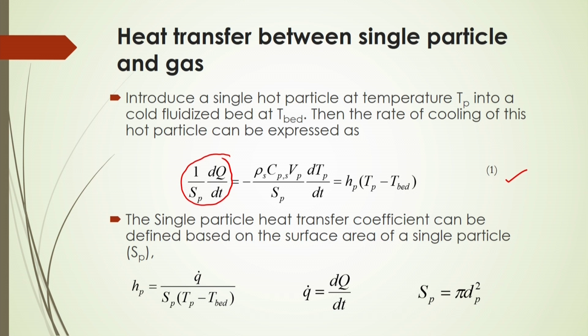Rho s is called the particle density or solid density, Cps is called the specific heat capacity of the solid, Vp is the volume of the particle, Sp is the surface area of the particle, and dTp by dt means how the temperature of the particle is changing with respect to time. Here the hot particle is going to the cold one, that is, it will go to a lower temperature, that is why the negative sign is coming.